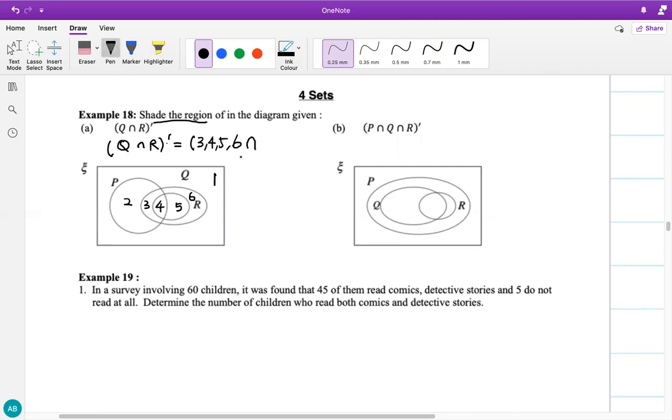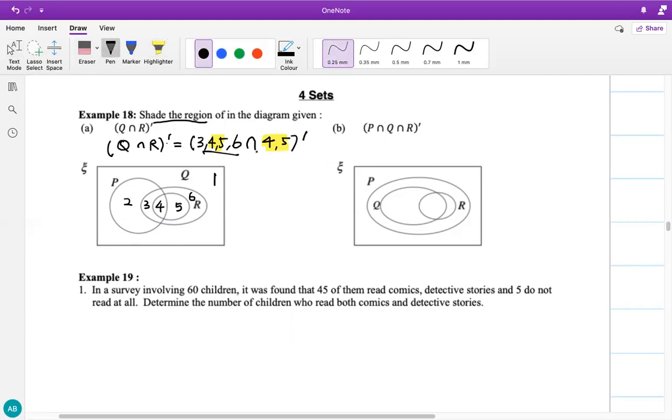Then you intersect R. Inside R is 4 and 5. So the common area is 4 and 5. But we want prime.